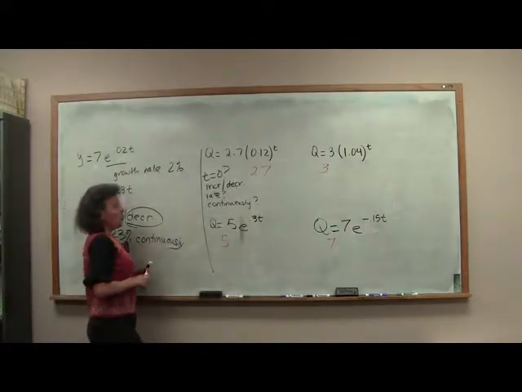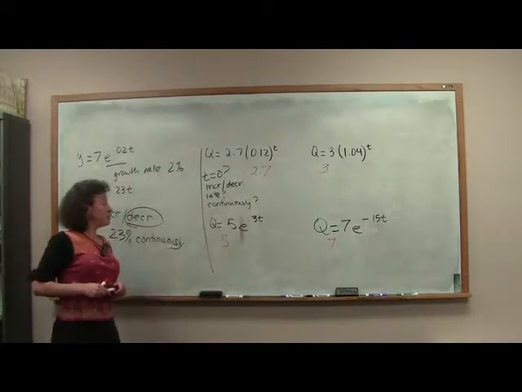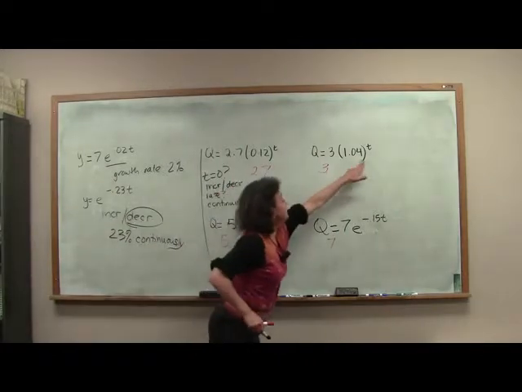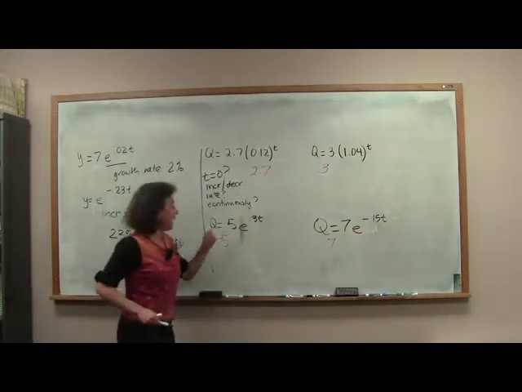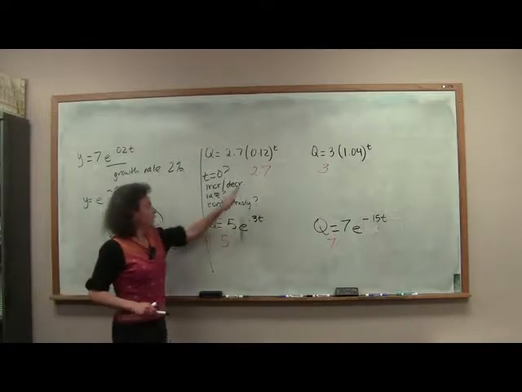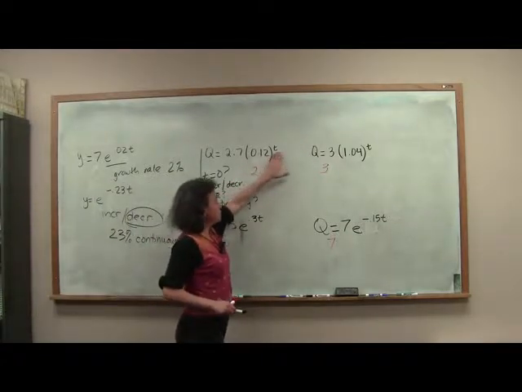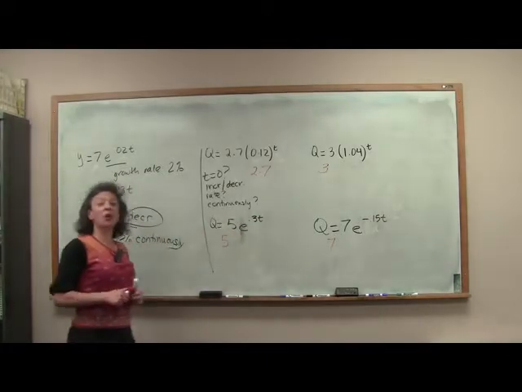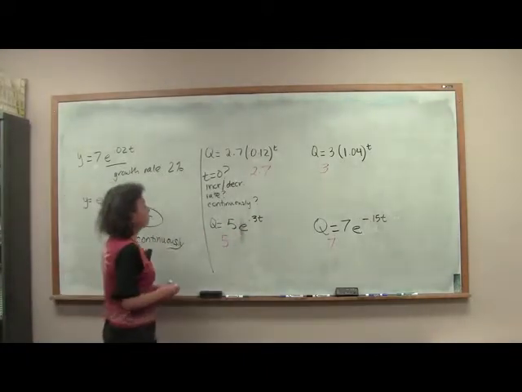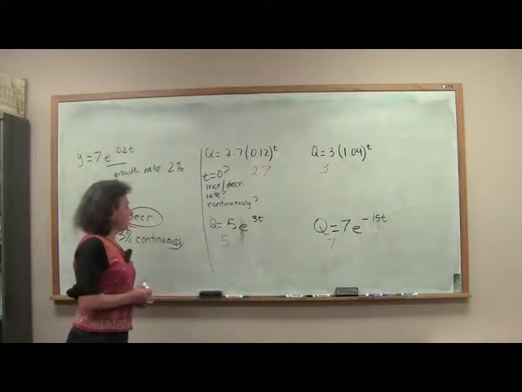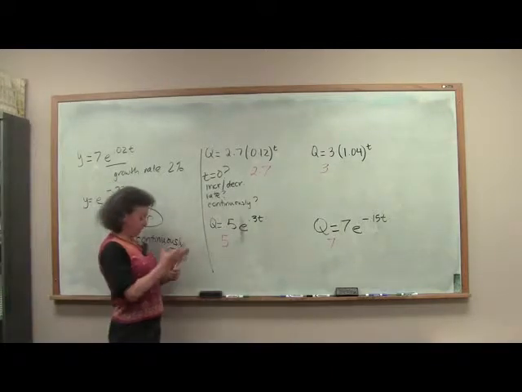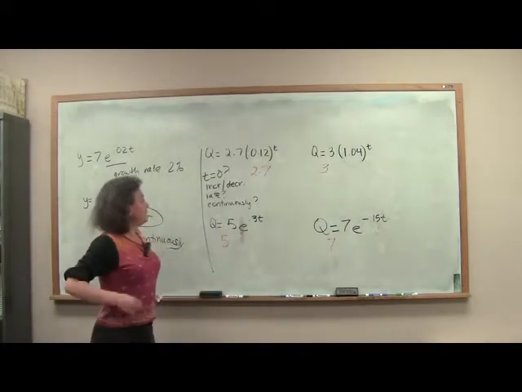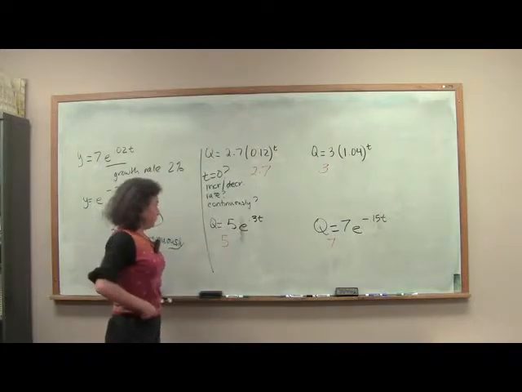Notice it's always the number in front, because if you plug in t equals 0 in any of these, just like 0.12 to the 0 power is 1, e to the 0 power is also 1. So now let's ask ourselves, are these increasing or are they decreasing?